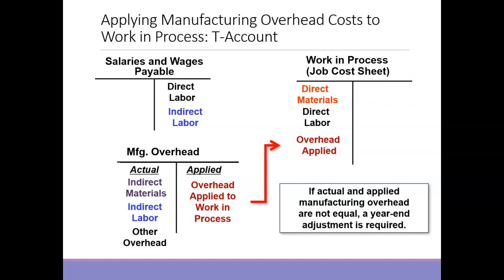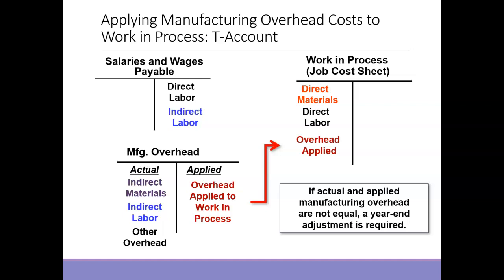Now, this manufacturing overhead is just the costs; the actual costs are getting debited to manufacturing overhead. Those are actual. But then we're applying this manufacturing overhead to jobs. And it's basically on a predetermined rate because we can only do it based on what we know.